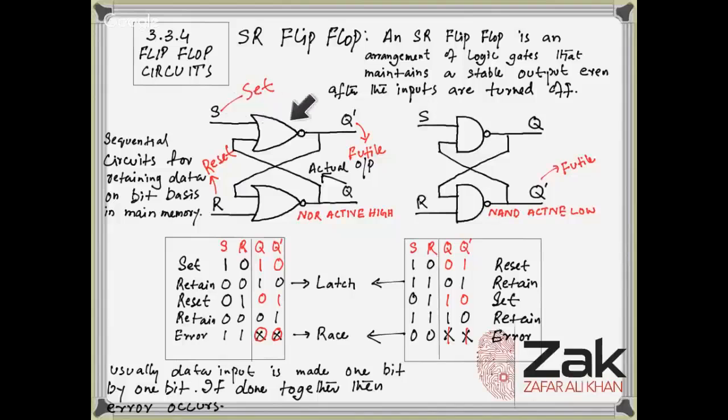When Q is 1, it is only with NOR. And when we have set in terms of reset, it is only when S is 1 but Q is not. So if we would like to save a 0, we would have to make this S 1 in NAND active low SR flip-flop.